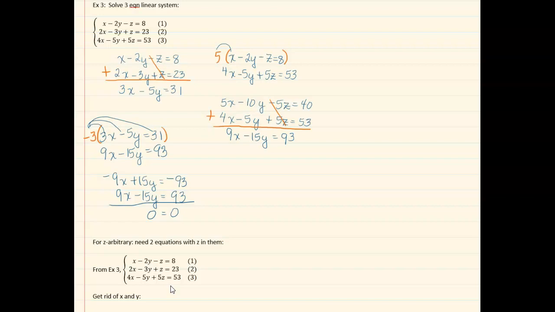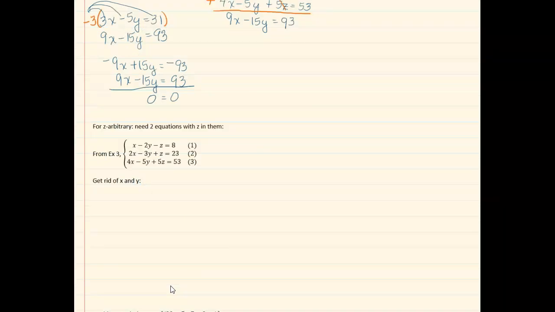So now the question is, how do I write this in z arbitrary? What we need to do is get two equations that have z in them. So we're going to grab equation 1, x minus 2y minus z is equal to 8, and I will get 2x minus 3y plus z is equal to 23.